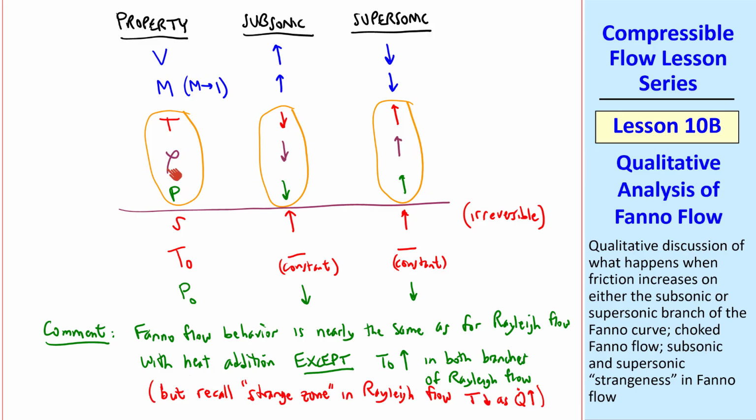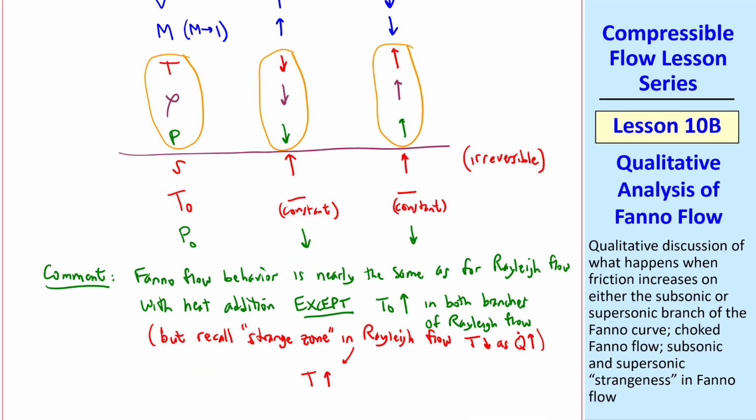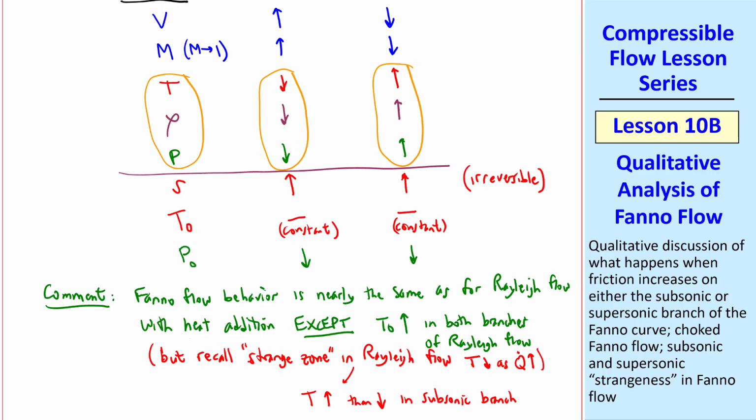But most of these other variables like density and pressure behave the same for both branches between Rayleigh and Fanno flow. Temperature is different though. In the subsonic branch, recall the strange zone in Rayleigh flow where T goes up, then down for a small region, the strange zone, in the subsonic branch of Rayleigh flow. But other than that, most of these properties behave the same.